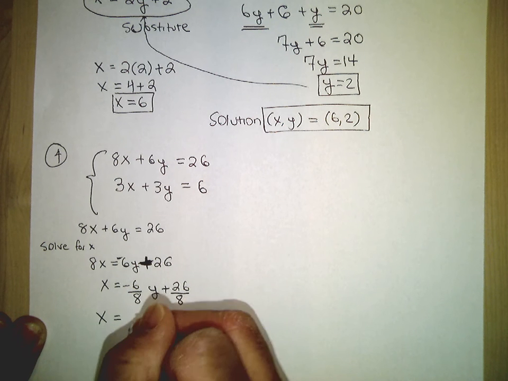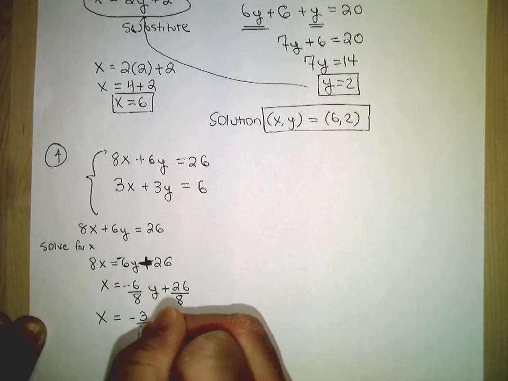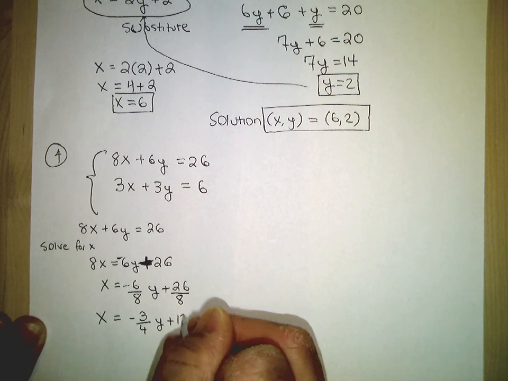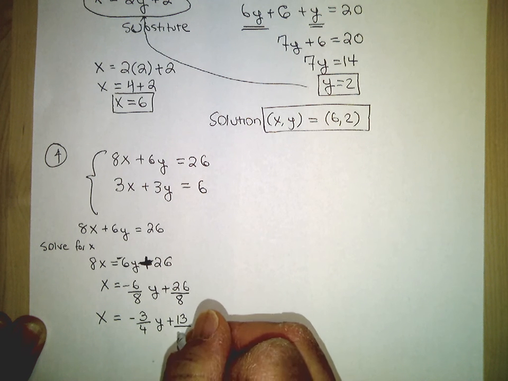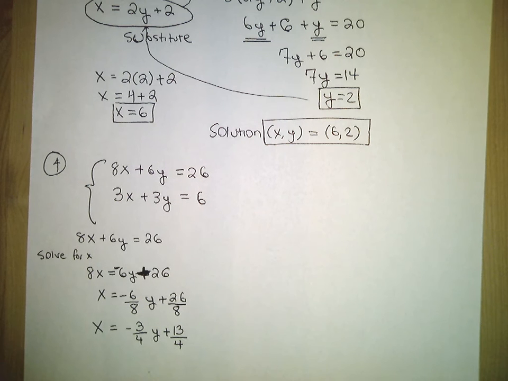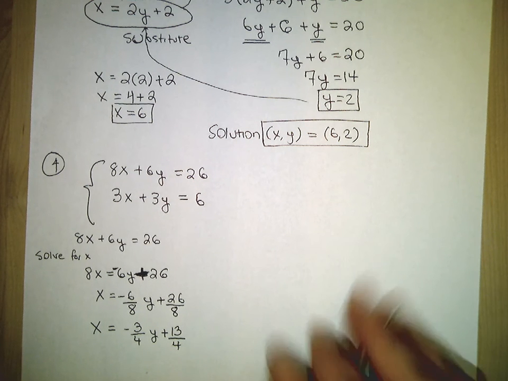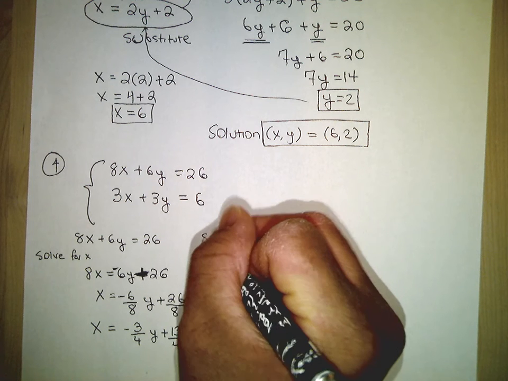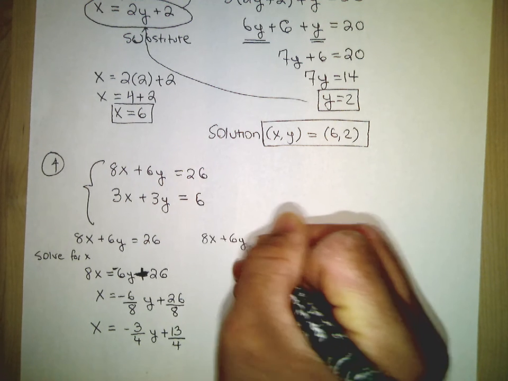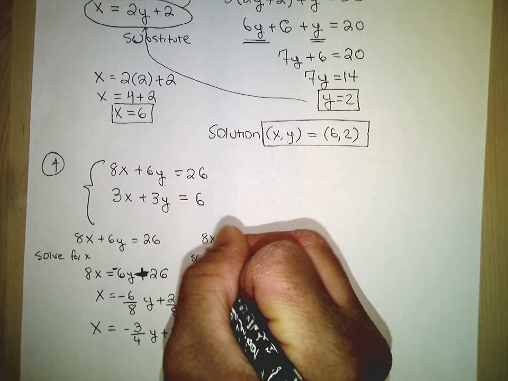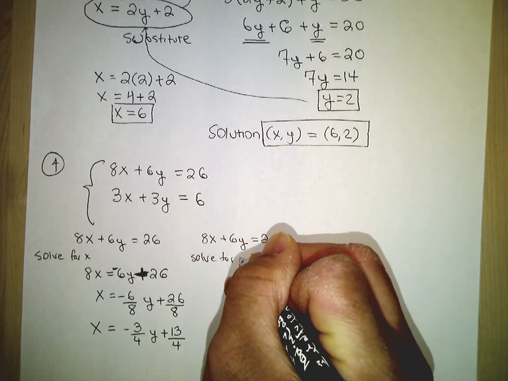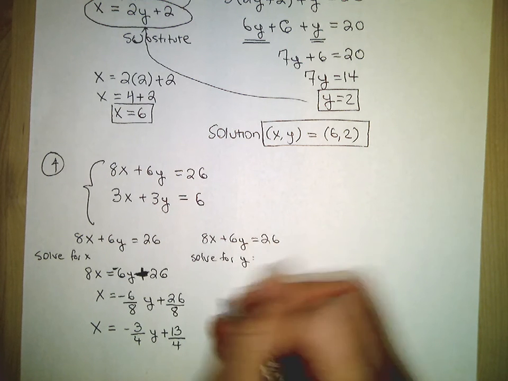So x is negative 3 over 4 y plus 13 over 4. So I might not want to deal with the fractions. So I could take the same equation and see if I solve this for, say, y, if I'll get fractions.